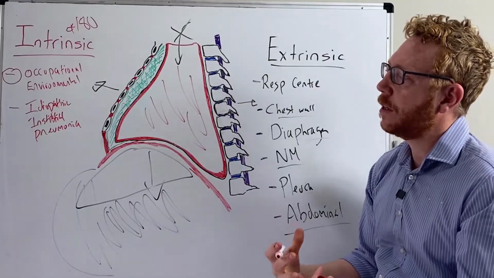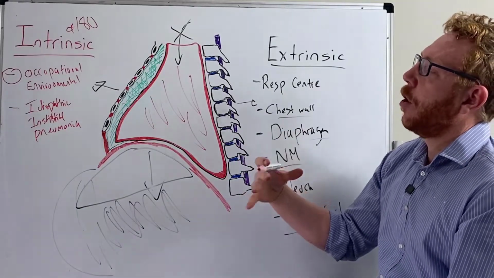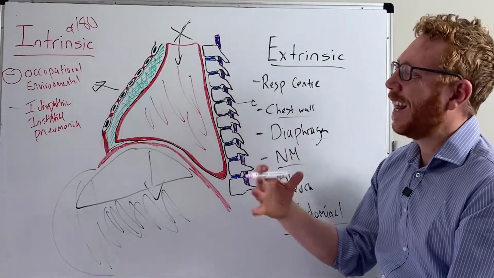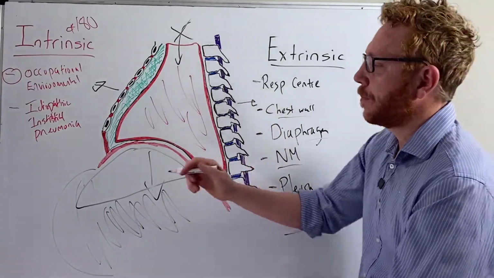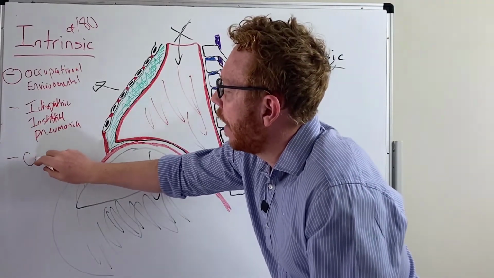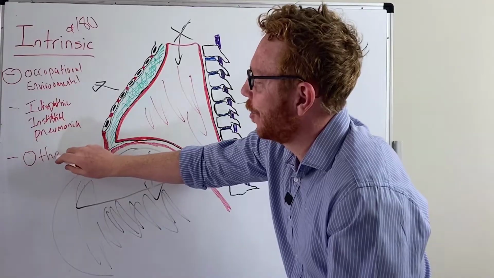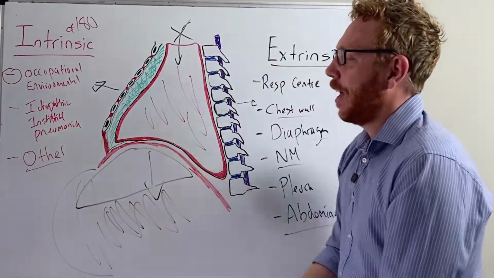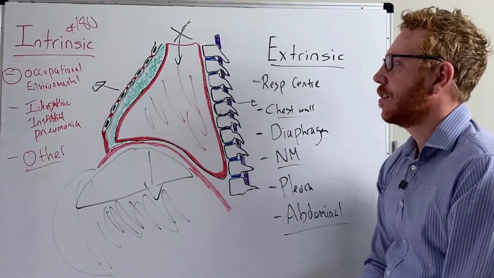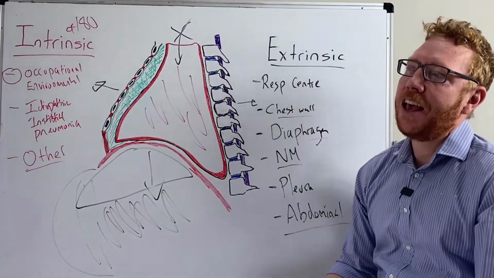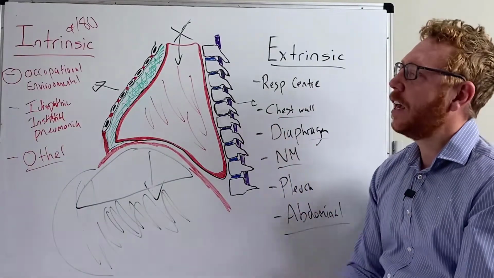For some reason, your lungs are going into a chronic form of inflammation and laying down lots of scar tissue. And then we have another category, unfortunately, just called other. In here we have things like sarcoidosis and eosinophilic pneumonia. A lot of long names.